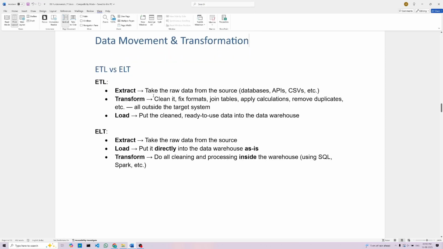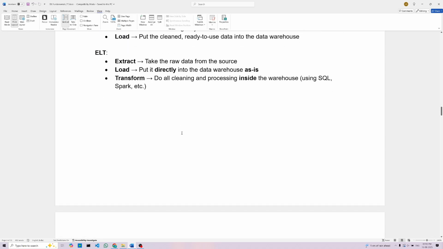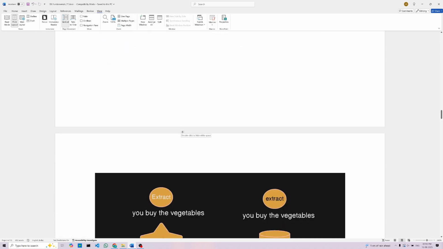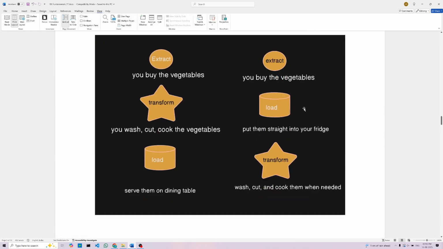Now next is ETL versus ELT. You can ignore the theoretical definition, I will just explain with a diagram. Just remember two scenarios: I want to cook right now, and second scenario is I will cook later. ETL means I want to cook right now. ELT means I will cook later.